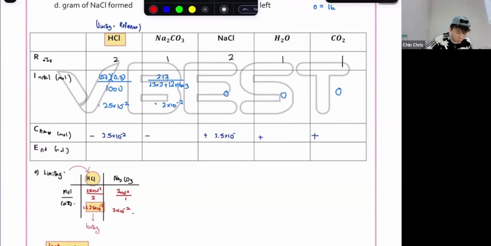Alright guys, what about ratio of 1? This value represents 2. If it's 1, divide by 2. And all the 1 will have 1.25 times 10 to the power negative 2. Get me? Understand or not? Good.